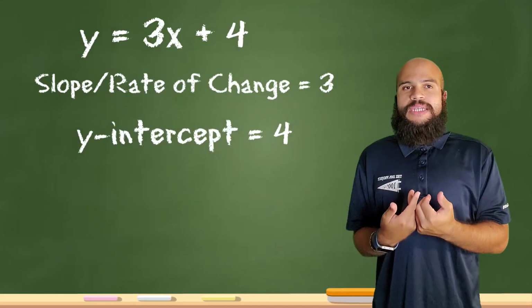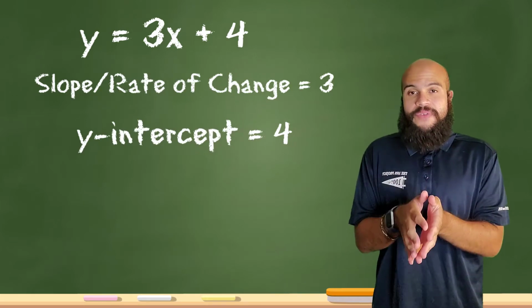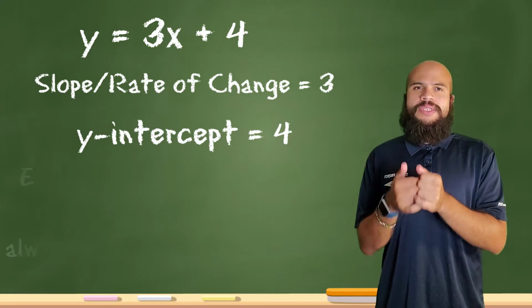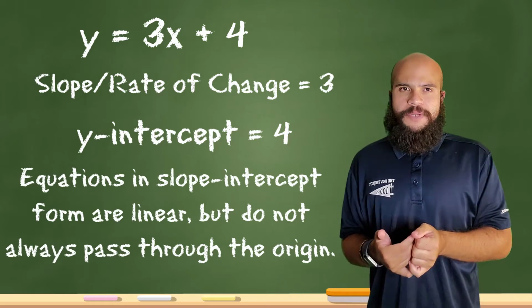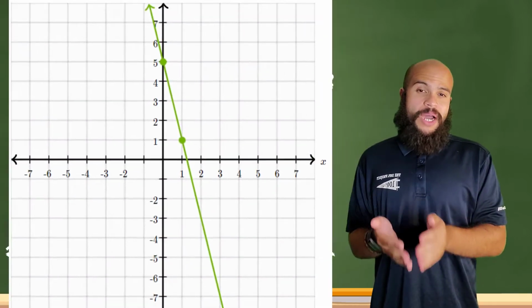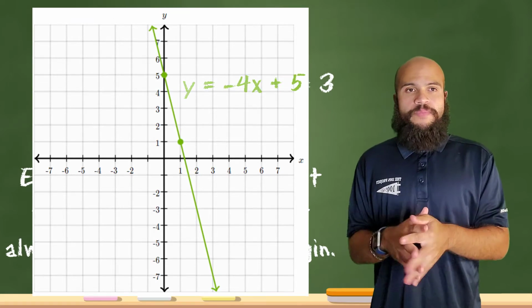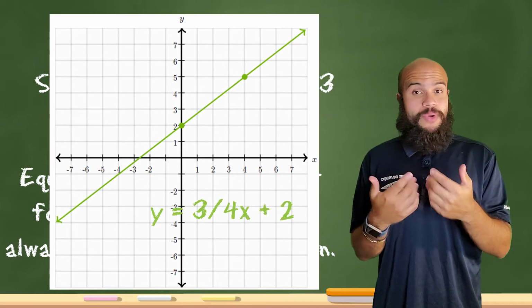So to connect once again back to proportional relationships, what makes these equations different than what we are used to from 7th grade is that not all of these equations result in lines that go through the origin. In other words, equations in y equals mx plus b form, which is slope-intercept form, create lines that don't always go through the origin.